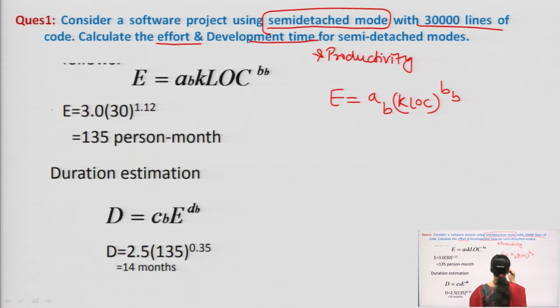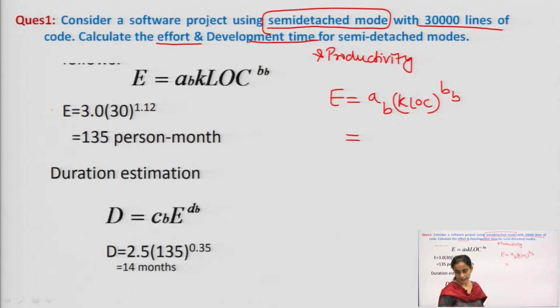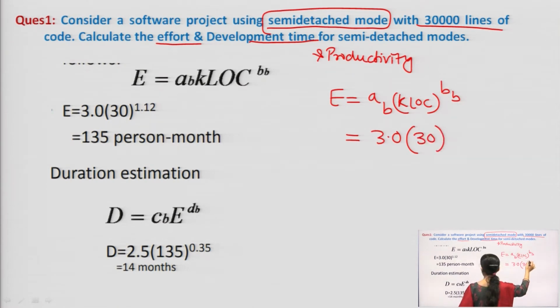From the previous table, the values for semi-detached mode are 3, 1.12, 2.5 and 0.35. I will be using this middle row. So AB is 3 and BB is 1.12. Here I write 3 into 30 KLOC to the power 1.12. The effort is calculated as 135 person months.